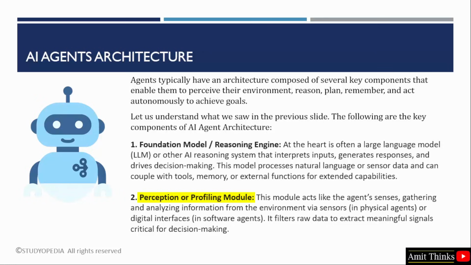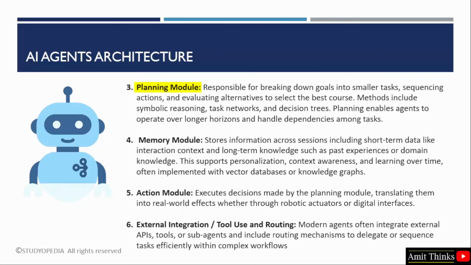Perception or profiling module. This acts like the agent's senses that gathers and analyzes information from the environment via sensors or digital interfaces. This is critical for decision making because it filters raw data to extract meaningful signals.